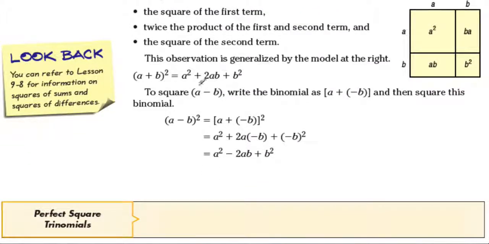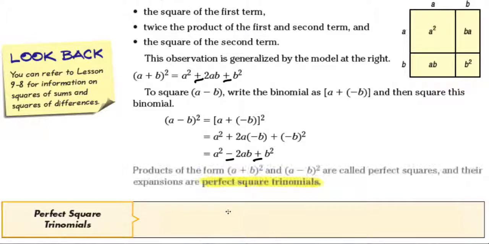Very minor difference. In squaring the quantity A plus B, all signs are positive. In squaring A minus B, the first sign is negative, the second sign is positive, which brings us to a rule on perfect square trinomials.